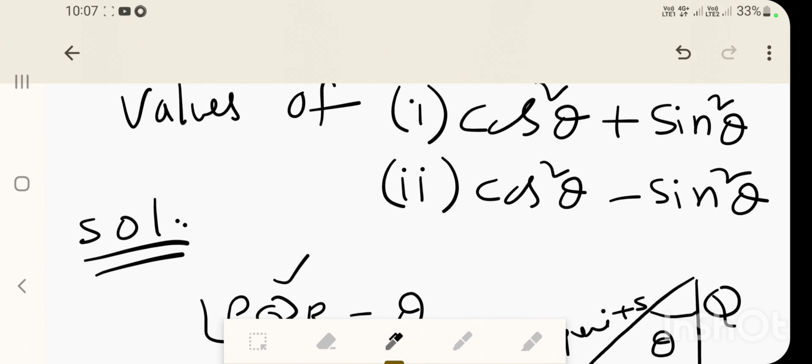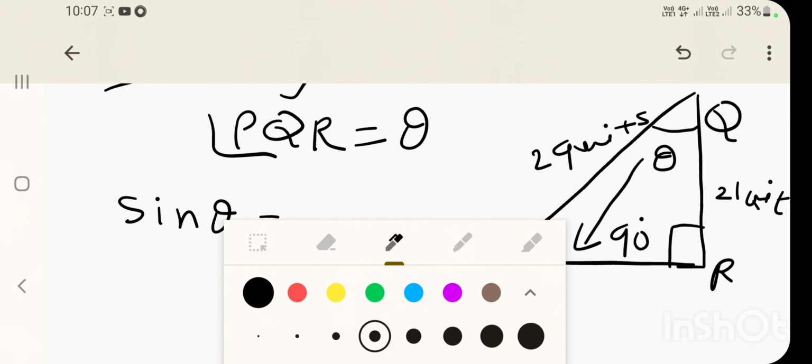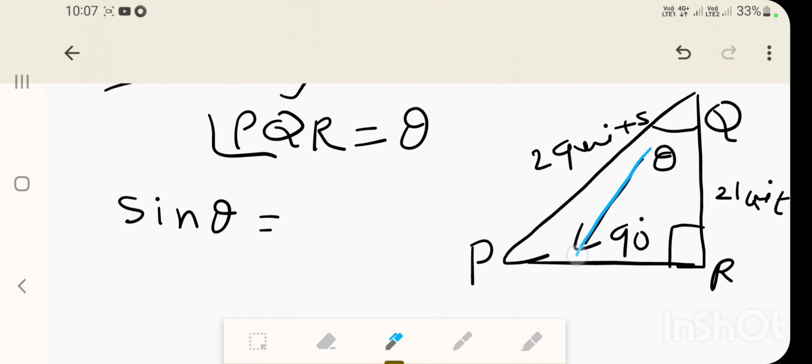To evaluate cos square theta plus sin square theta and cos square theta minus sin square theta, we know that sin theta is the ratio of the opposite side length divided by the length of the hypotenuse. Opposite to theta here is PR, which is not given.